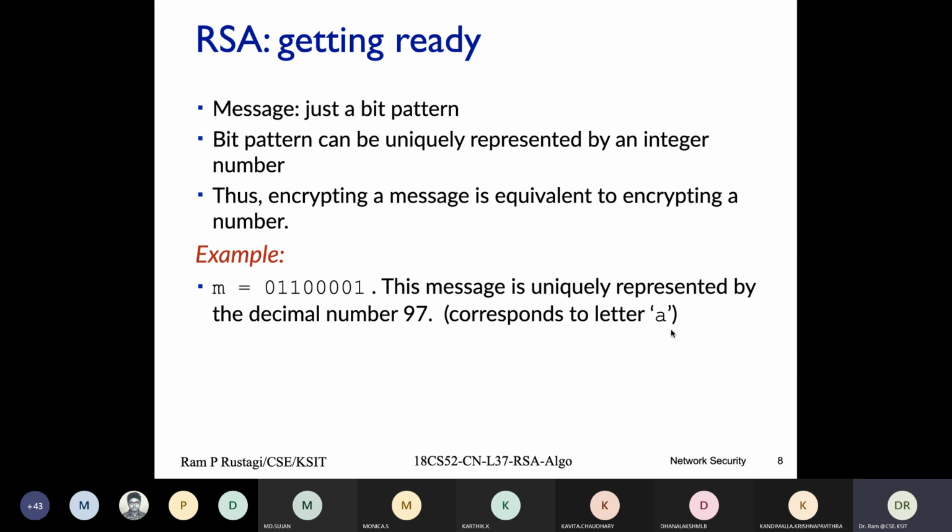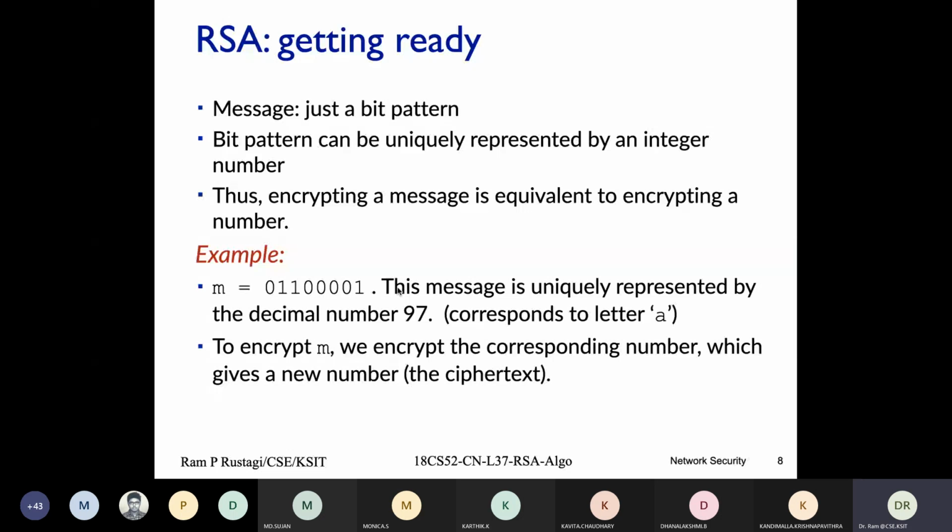When you write a message like ABC, it will be represented in binary as hex 61, 62, 63, or we can look at the whole number as an integer. For the letter a, the decimal equivalent is 97, and now that we have an actual number, we can apply the modulo arithmetic. That is what we do in the encryption part, and the same way we will do the decryption part.